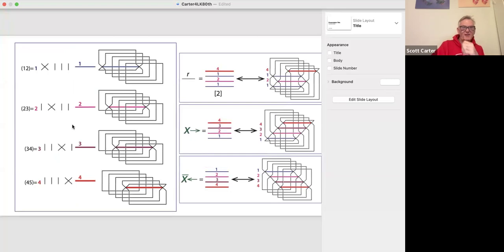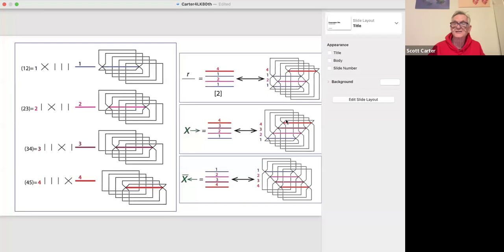Now, later on, I'm just going to draw lines, and the lines are going to be colored either blue, pink, purple, or red. And the line that's thinner and blue represents the crossing between the first and second sheet. 2 represents the crossing between the second and third sheet, etc. And then my reflection, if I take the reflection times I, it's going to look like this, where we have this triangular tube, and then we have this crossing.